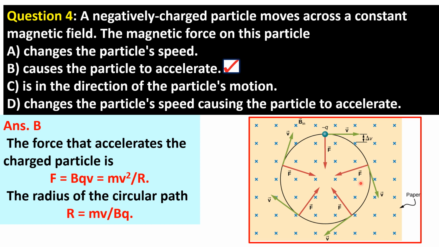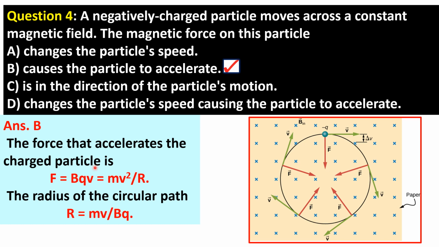So in general, at any point around the circular path, the direction of the magnetic force is towards the center of the circular path. And this reminds us of the concept of centripetal force. That is exactly the kind of force that is experienced by the negatively charged particle as it moves across a constant magnetic field.